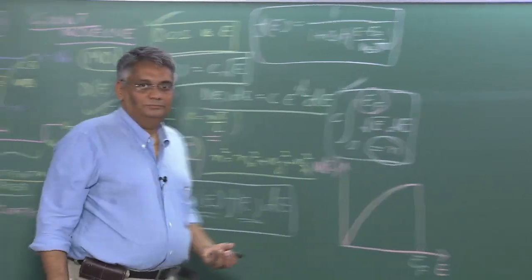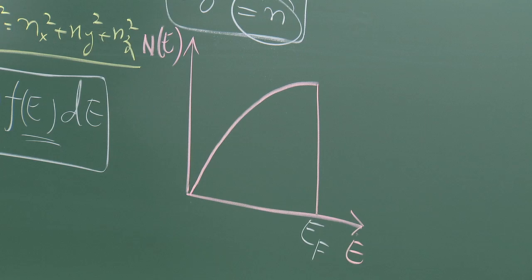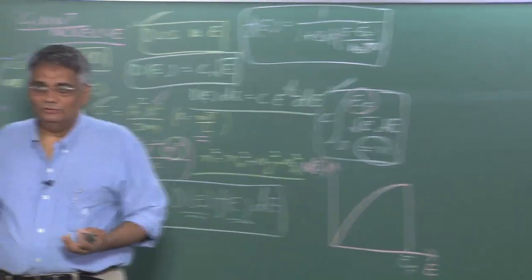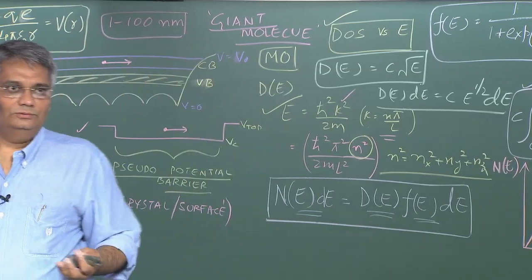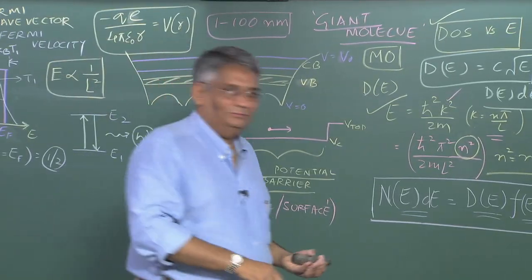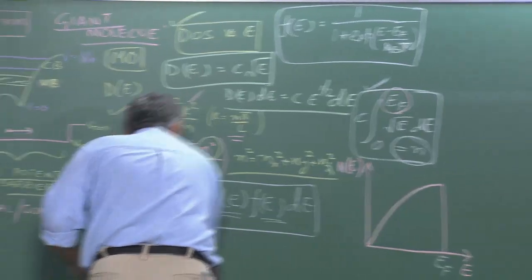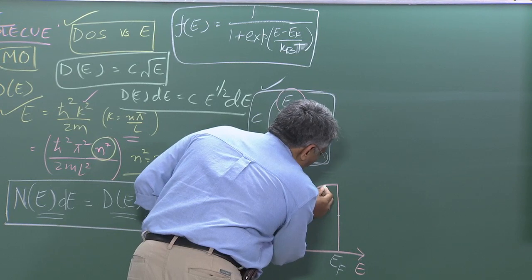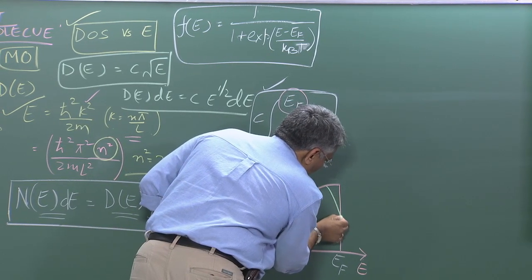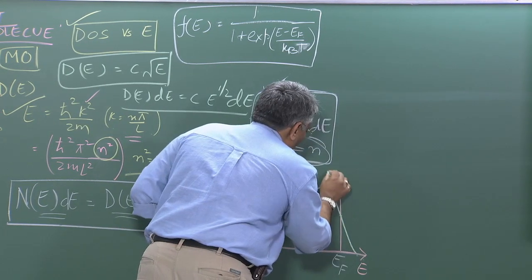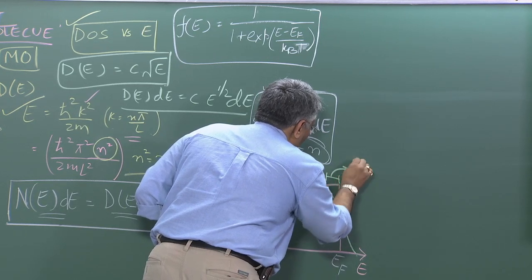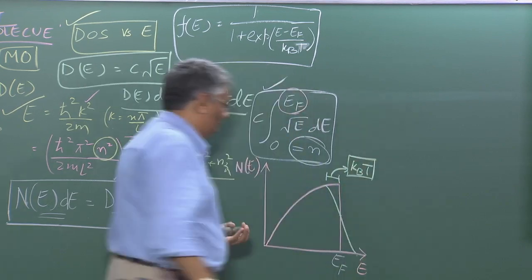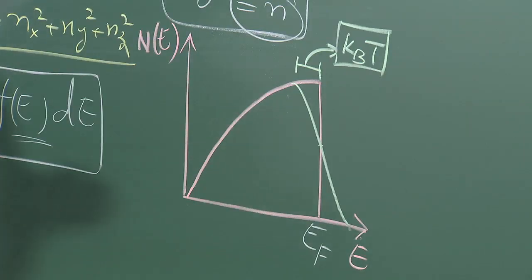That's your EF. It's the same concept that applies here. Now this is at T equal to 0 K, absolute 0. Now as you increase the temperature, so this is your kBT. Again it's the same thing.